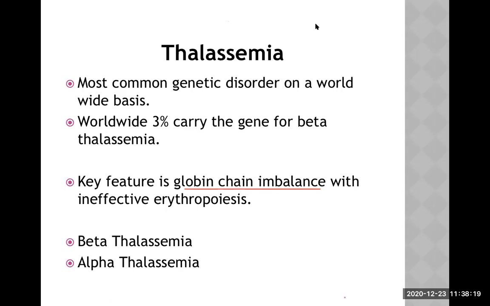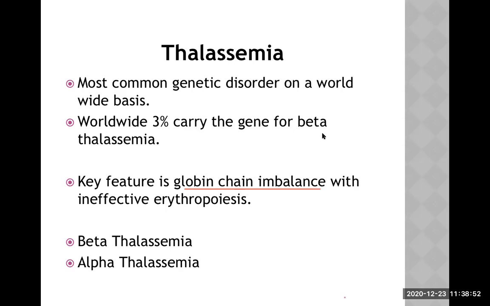There are different types of thalassemia. Now, what are the different types of hemoglobin? Accordingly, thalassemia can also be of different types. Remember that. If we talk about fetal hemoglobin, there is 2 alpha and 2 gamma. Hemoglobin A2 has 2 alpha and 2 delta. And hemoglobin A has 2 alpha and 2 beta.